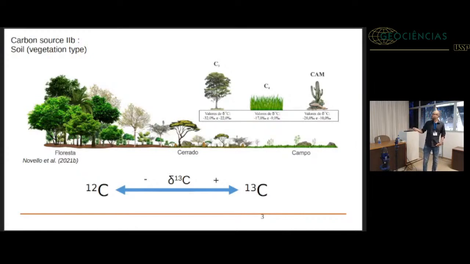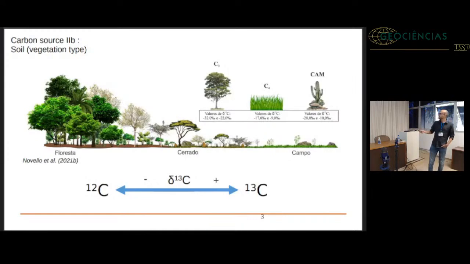And then when you look at the vegetation, we have at least two types. Our vegetation will do photosynthesis in two different ways: plants with C3 metabolism, and C4 plants. C3 metabolism is more common in trees, and C4 is more common in grasses.